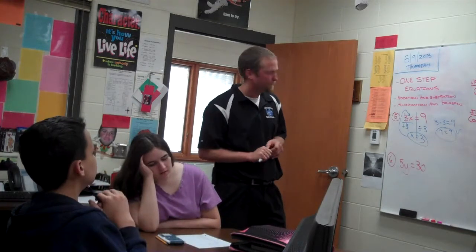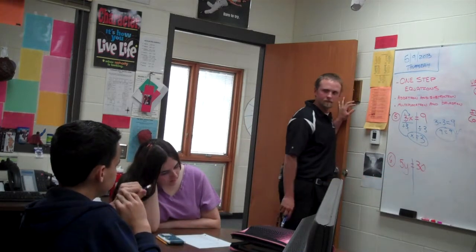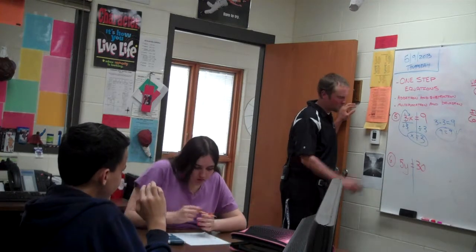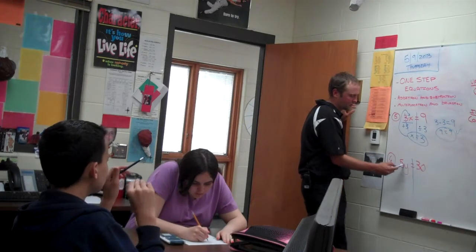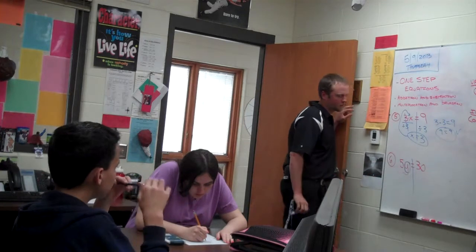You ready? Yeah. Alright, Jordan, what we got, bud? Make a line. What type of problem is this? Times, right? If we don't see anything. Triple letter. So what am I going to do?